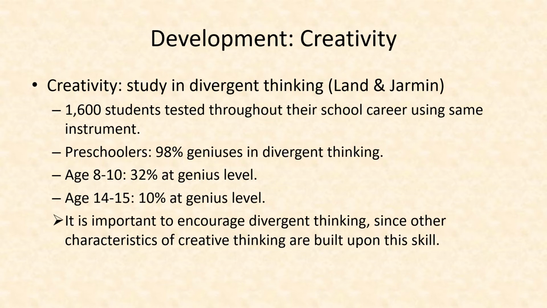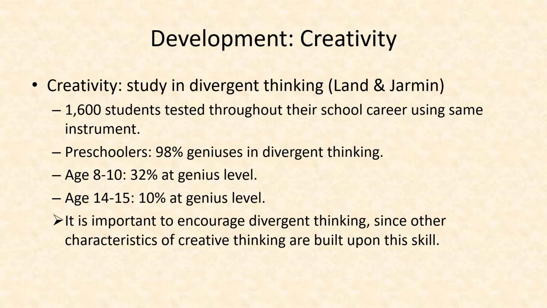They started with preschoolers, and they determined in terms of ways of thinking, those who think in different ways, divergent thinkers, about 98% of them tested at the genius level. They thought in really creative, wonderfully different, divergent ways. By age 8 to 10, that same group, about 32% tested at that level. By age 14 or 15, only 10% of that original group still thought in divergent ways.